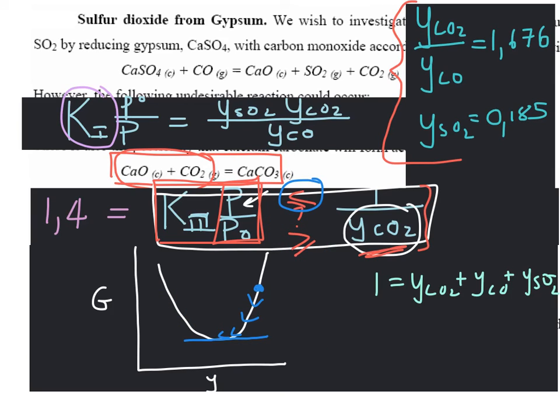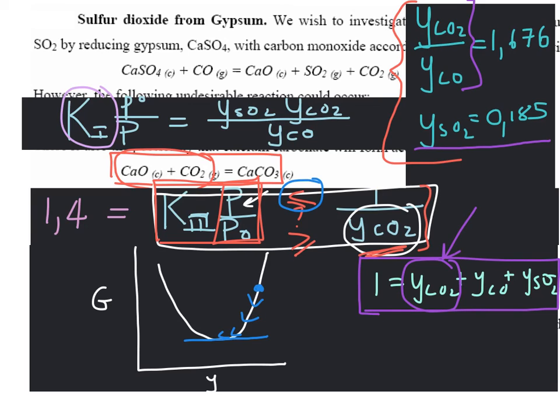Since we know the mole fraction ratio of carbon dioxide to carbon monoxide, and we know the amount of SO2, we also know that the sum of all the mole fractions in the vapor phase must add up to 1. We can calculate the mole fraction of carbon dioxide in our reacting mixture.